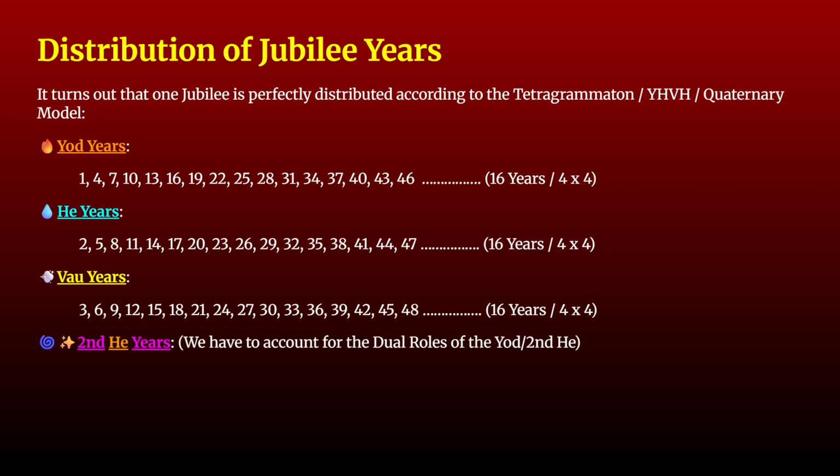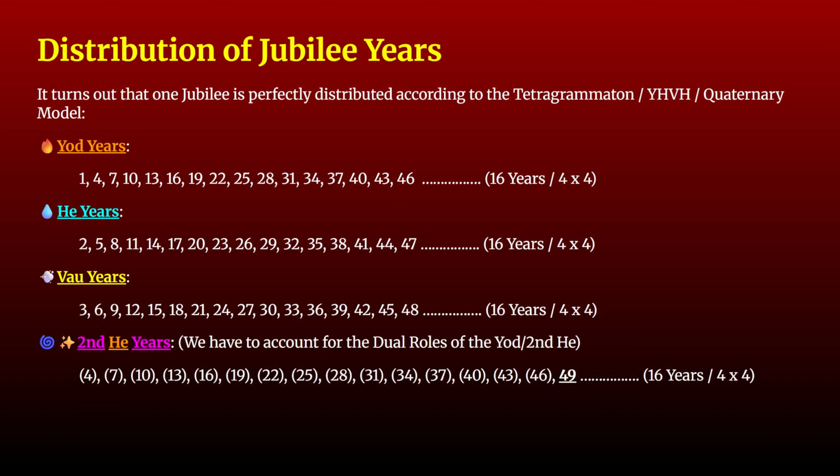So the second He, the final set of years, they have those braces around them because if, let's use 4 as an example, if 4 is both the end of one series and the beginning of another, we have to account for it playing dual roles.